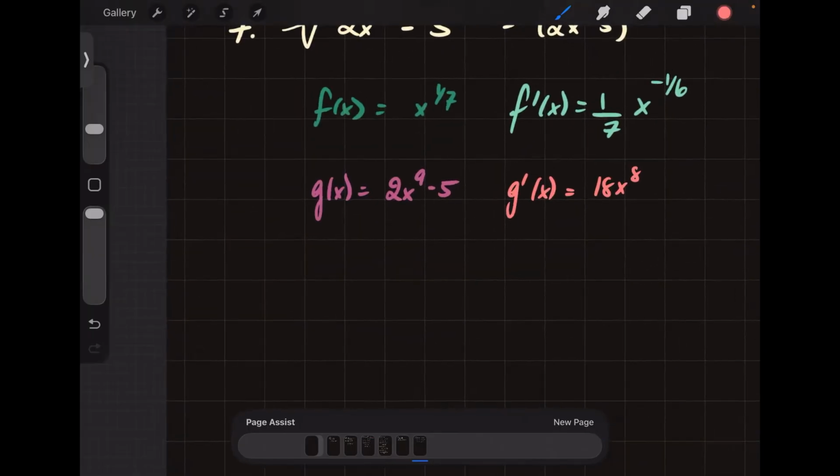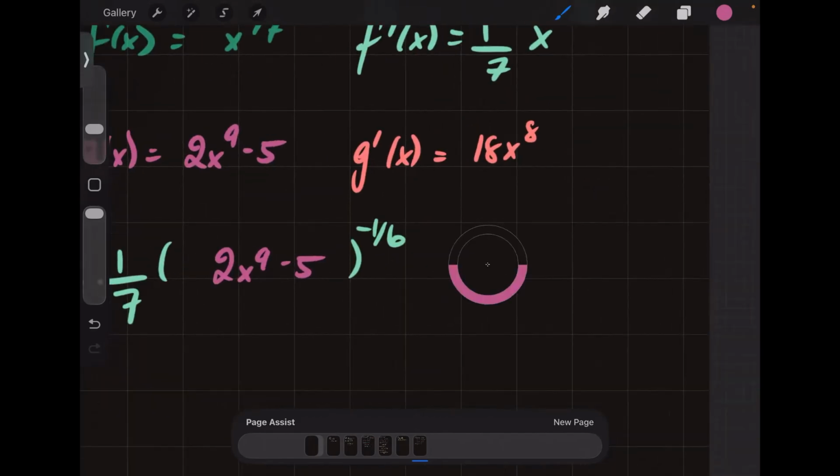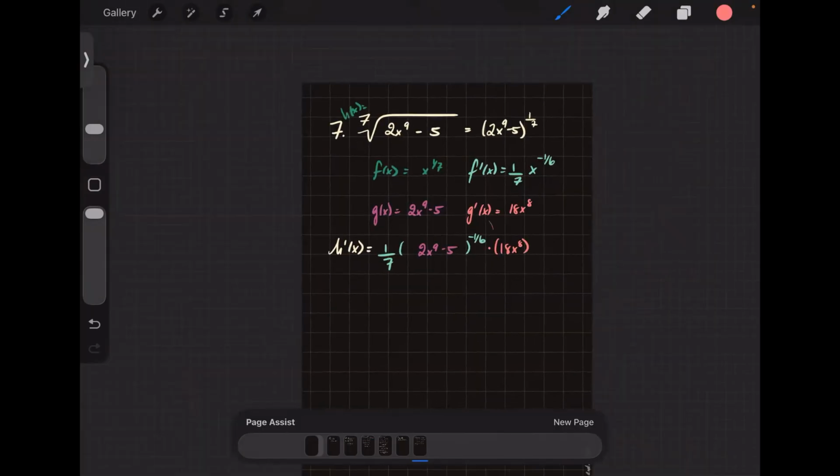Because then you can just say, derivative of the outside, leave the inside alone, which looks like 2x to the ninth minus 5, times the derivative of the inside, which is 18x to the 8th. Who cares what this is, right?